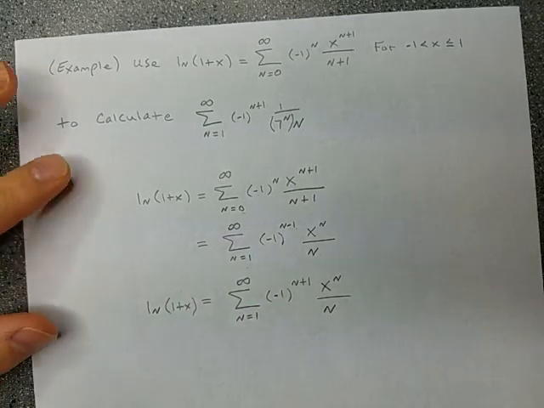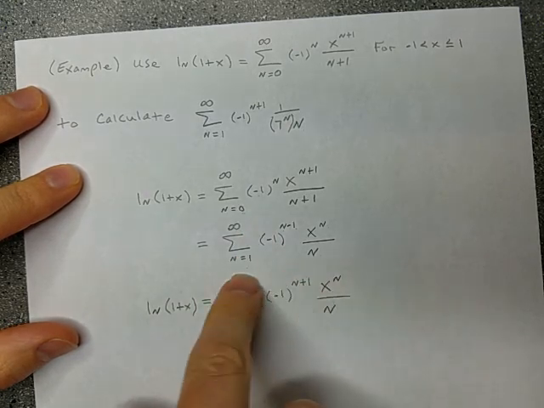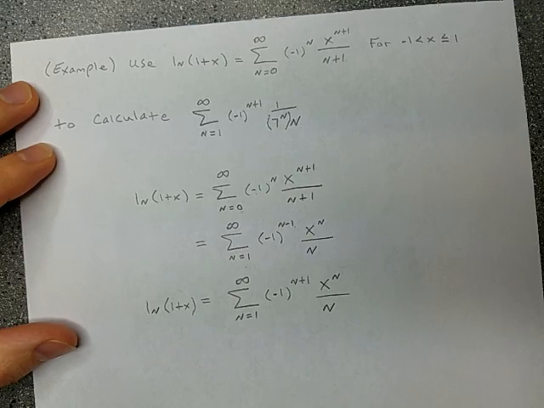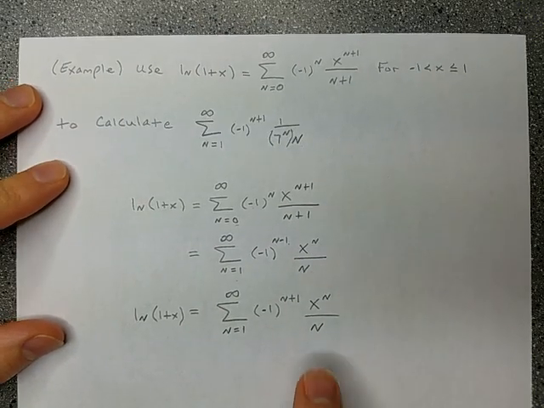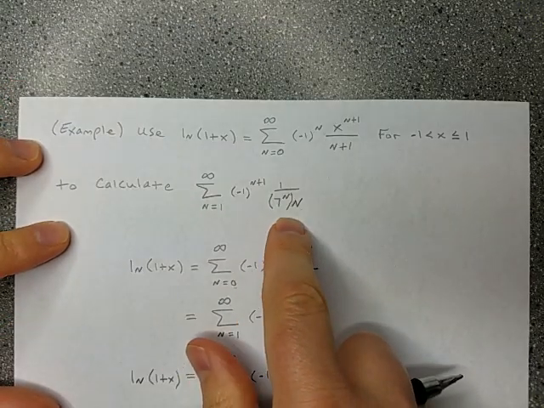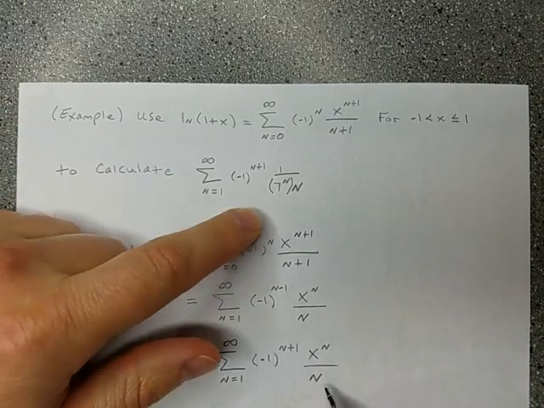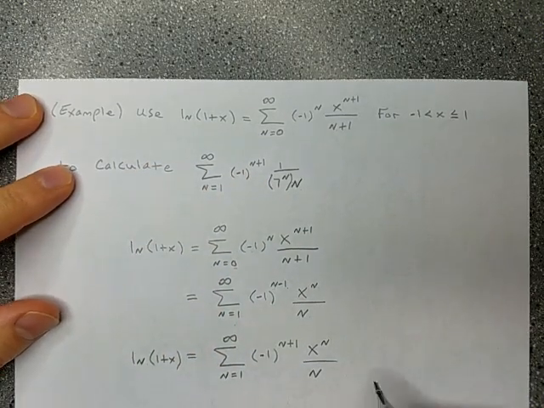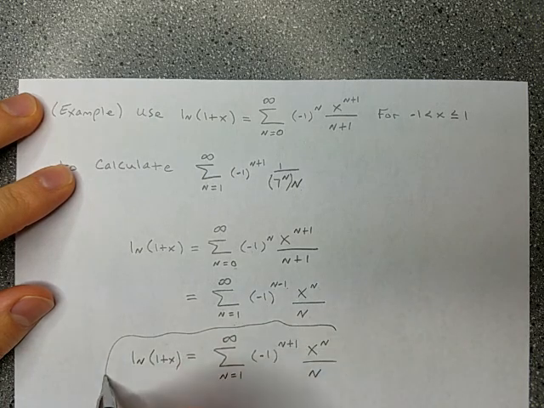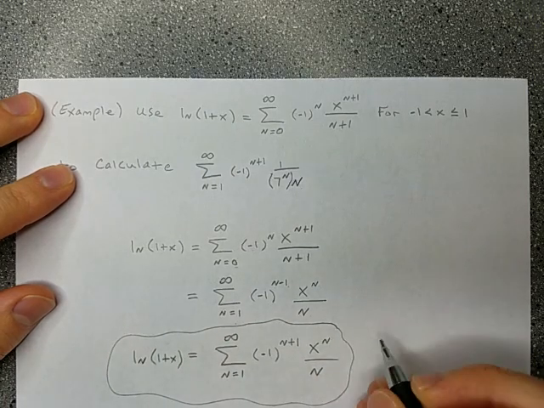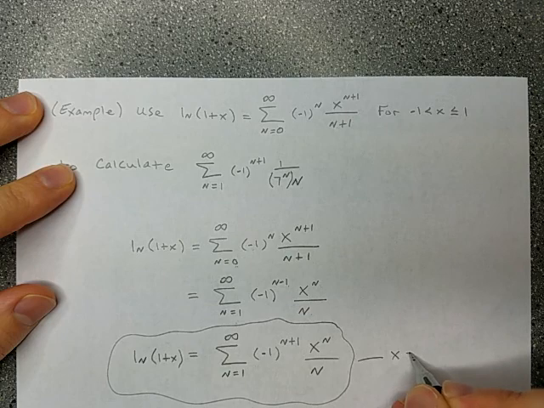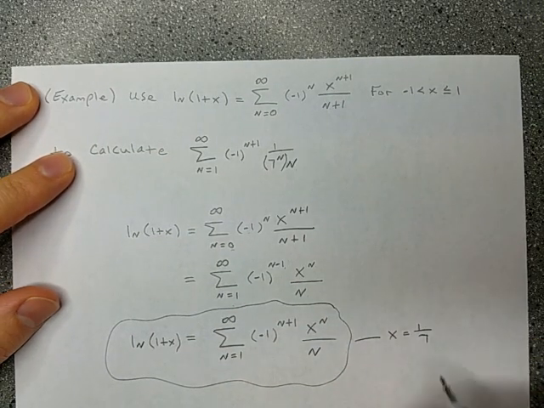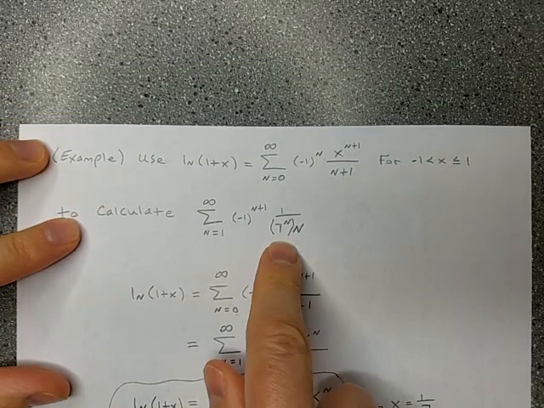Just to change things around in appearance, I can say natural log 1 plus x is all this. That does look like this. You might say, well, it looks like that 7's out of place. Okay, what if you took this statement and put in for x 1 over 7? It would be that.